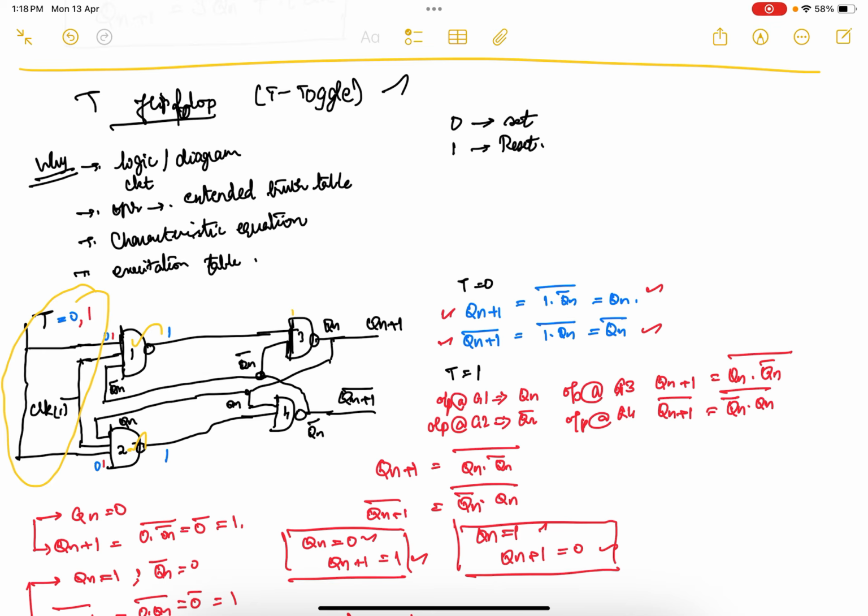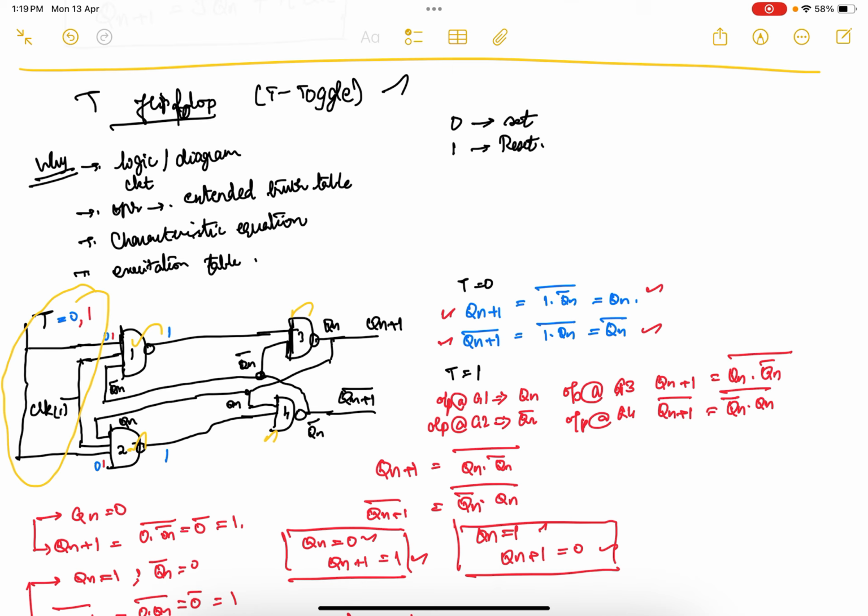And already we know that gate number 3 and 4 are in cross coupled configuration, which means that the output of one will be going as an input for the corresponding opposite. Similarly, the output of the corresponding opposite will be giving us an input for the one on the top side. Okay, so now when t equal to 0, what will happen?